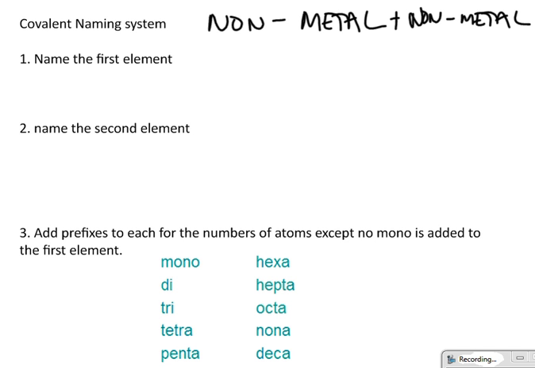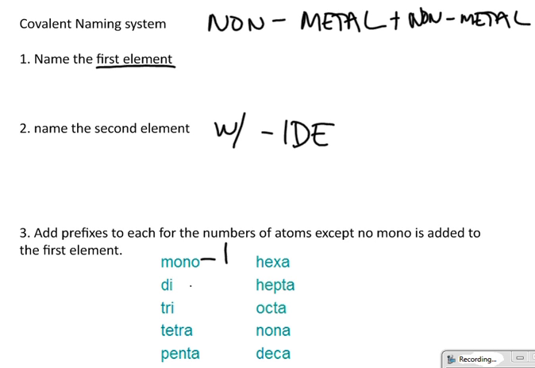So the first thing you do is you name the first element. Just name it. Second, you name the second element with an automatic IDE on the second element. So it's very similar to monatomic naming in ionic compounds. The only difference is for covalent compounds, we use a system of prefixes to determine what number of atoms you have.